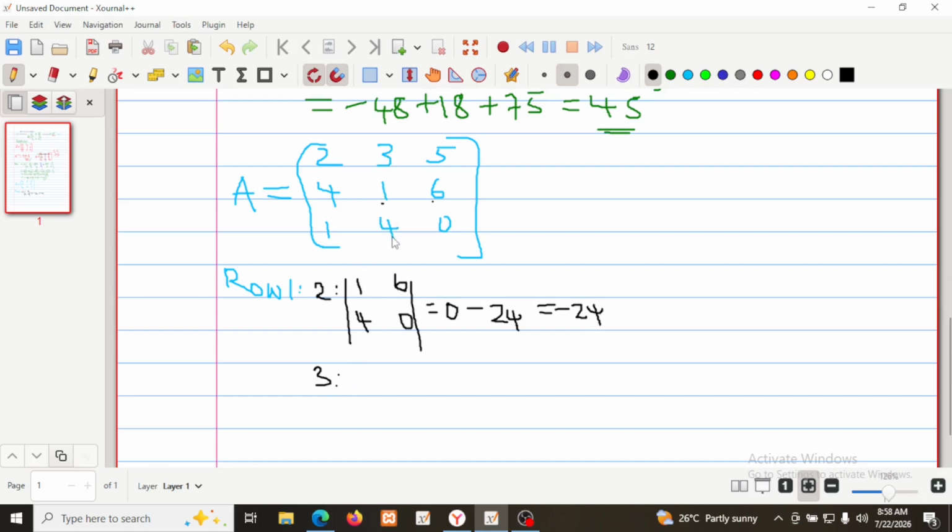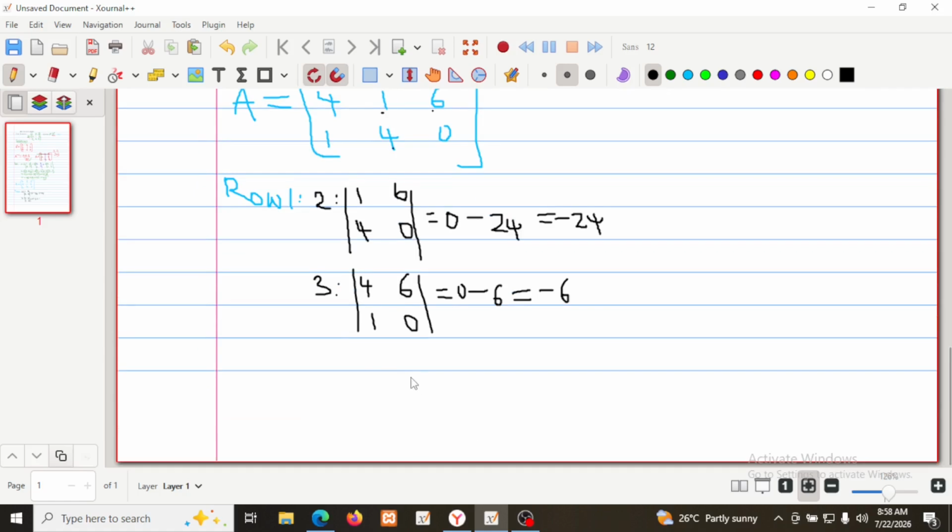When you block this row and column, we have 4, 6, 1, 0, which will give us 4 times 0, it is 0, minus 6 times 1, which is negative 6.